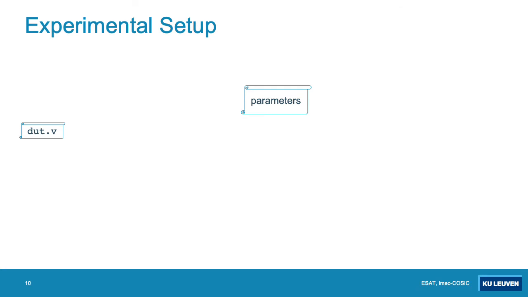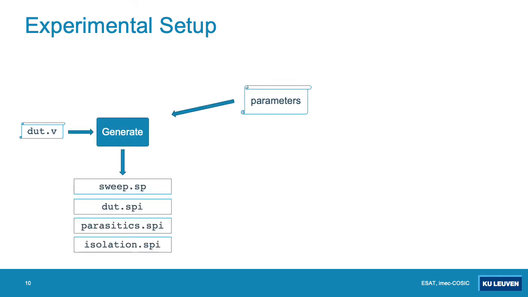Our experiments are largely automated using Python and Tcl scripts. Starting from a Verilog netlist and a set of parameters, for example, the number of traces or the sweep range, we generate all the FineSim inputs, such as the top sweep file, the SPICE netlist of the design, as well as the custom parasitic annotations and the isolation circuitry that you saw a couple of slides back.